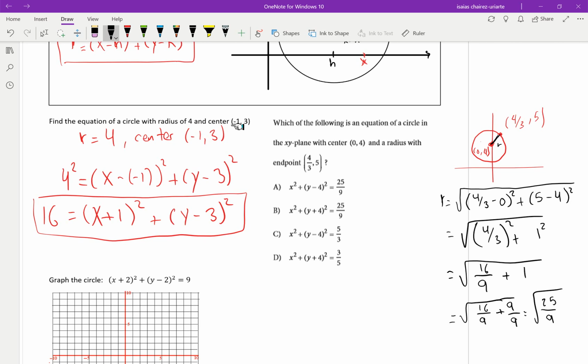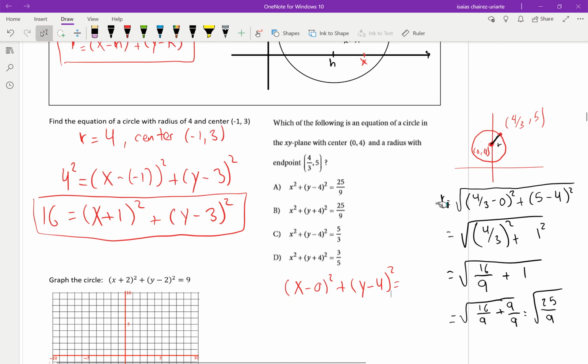So right now I'm supposed to come up with the equation of a line, sorry, the equation of a circle whose center is at 0, 4 and has a radius with endpoint this point. So that tells me that the length of the radius is the square root of 25 over 9. So let me see if I put this together, and then I'm going to choose the correct answer here. So I'm going to say x minus 0 squared, because it's x minus the x coordinate squared, plus y minus 4 squared equals, and then my radius.